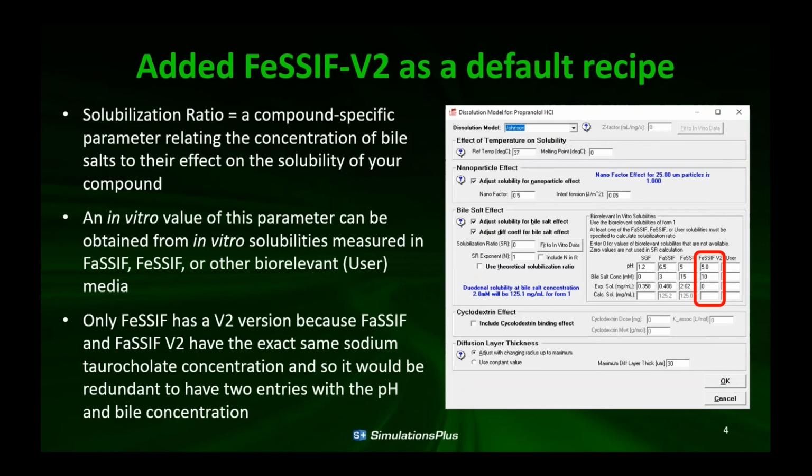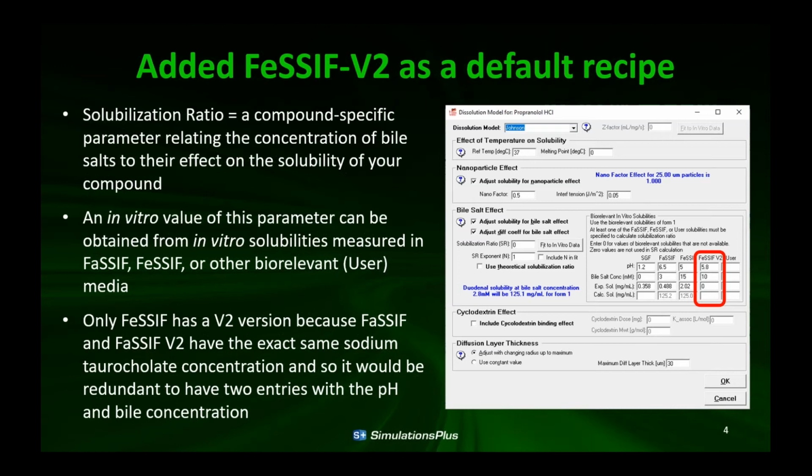We added the passive version 2 as a default recipe. This is because the in vitro value for the solubilization ratio will be calculated based on this in vitro solubility measured in passive or some other biorelevant medium. So we only add version 2 for the passive.